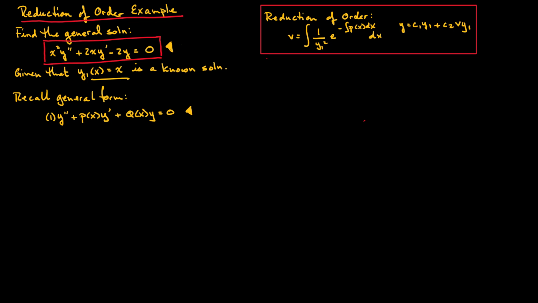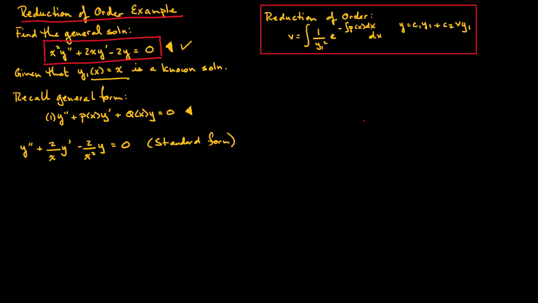So for us to cast this differential equation into standard form, we need to divide by x squared. Doing so gives us y double prime plus 2 over x y prime minus 2 over x squared multiplied by y, all of this being equal to 0. So this is what we call standard form.